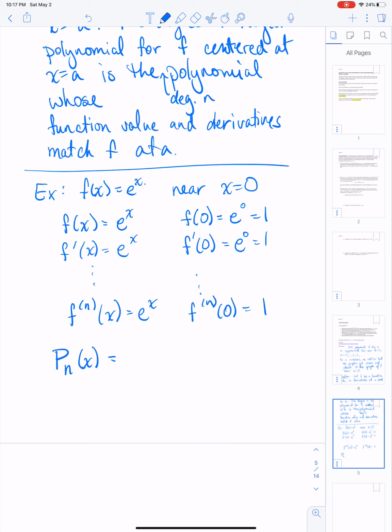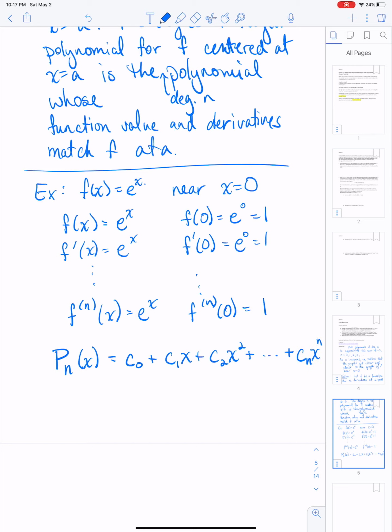And I'm just going to start putting in some variables here. So C0 plus C1x plus C2x squared plus dot, dot, dot, plus Cn x to the n.